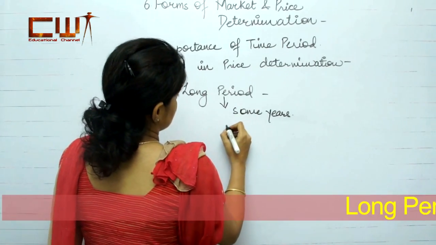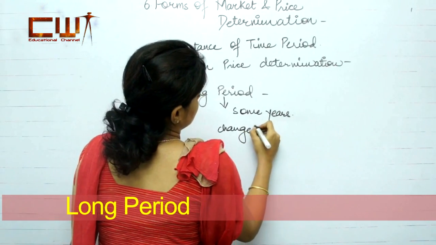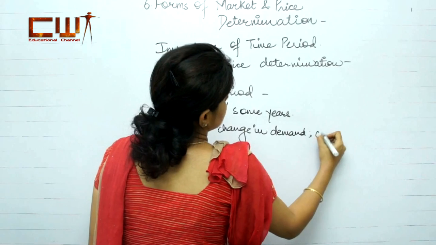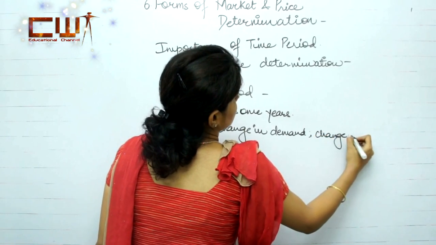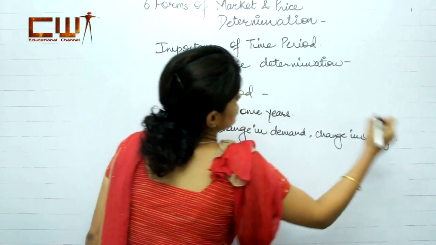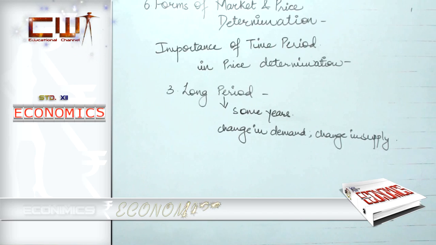So there is a change in demand, that is, demand is increasing, and there is a change in supply too. So supply can also be changed, right? The price is determined by the interaction of the long period demand and supply forces. It is called the normal price. It is going to prevail in the market in the long run also, right?